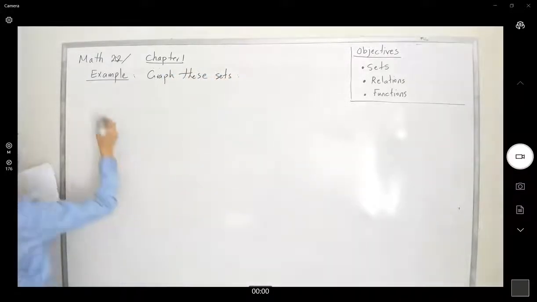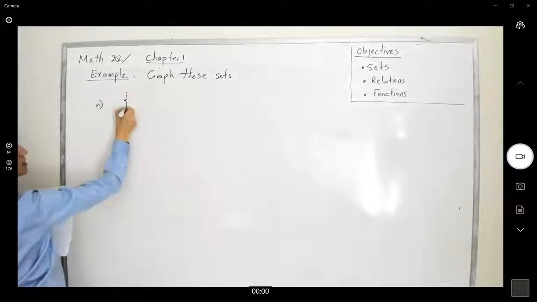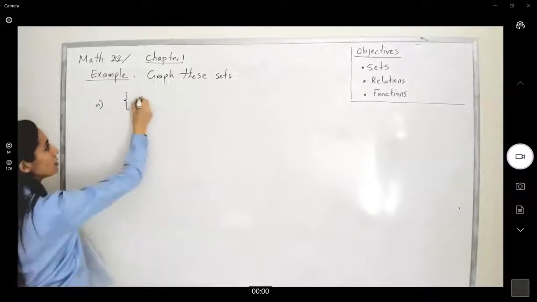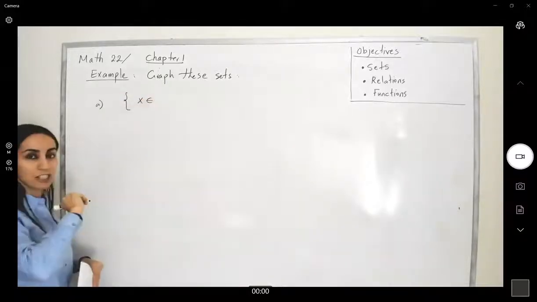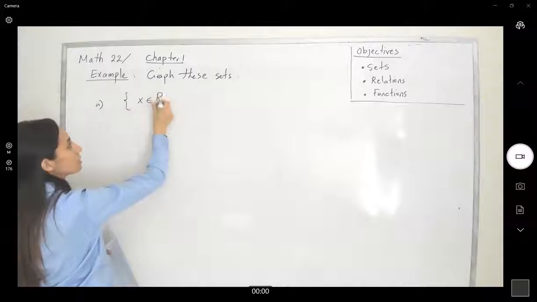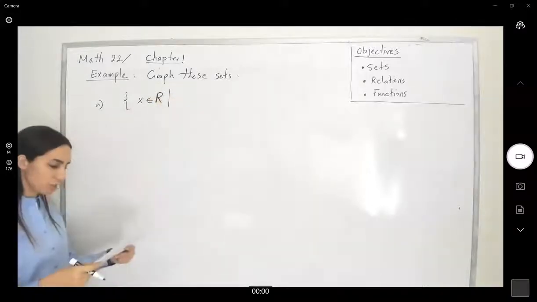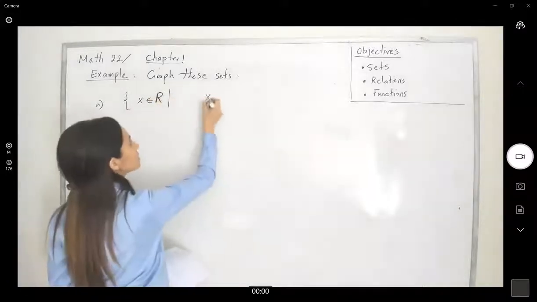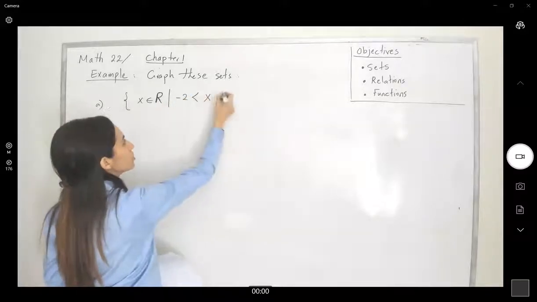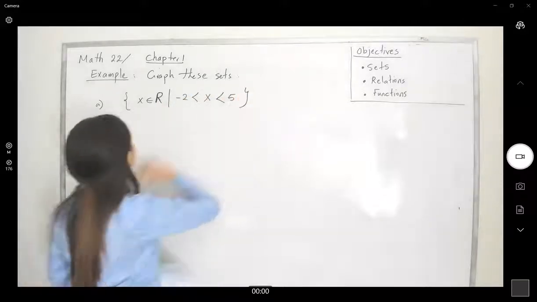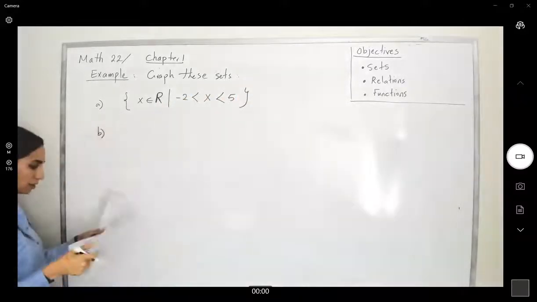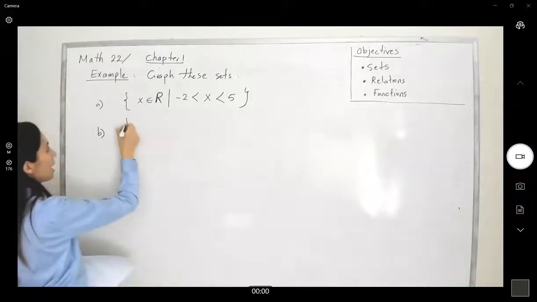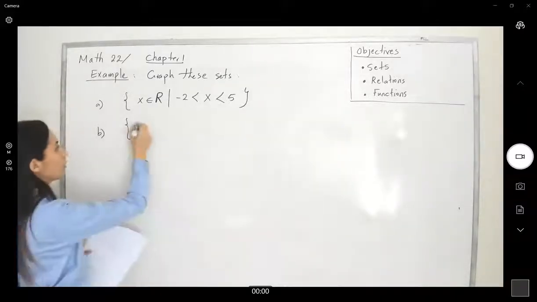The first set is the set of all numbers such that those numbers are real numbers with the condition that x is bounded between -2 and 5.